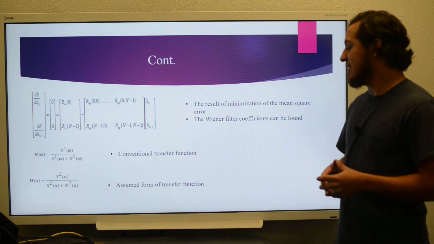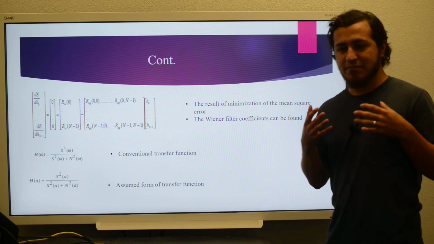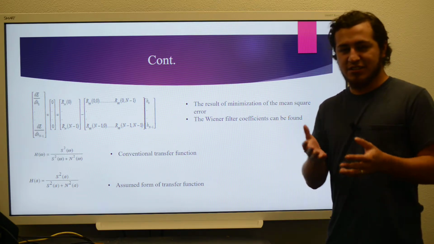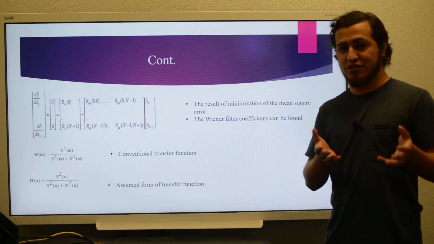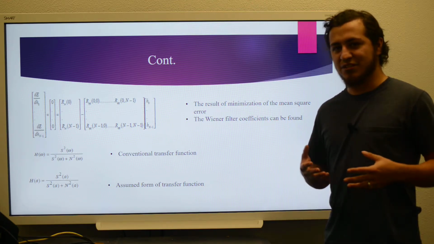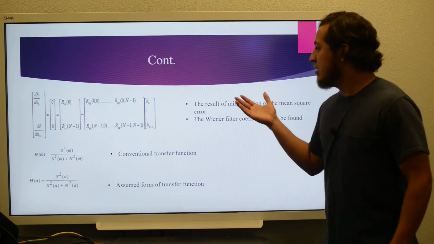When they minimize that, they take the mean square error and differentiate it with respect to the filter coefficients. When you set them equal to 0, you can find an equation, which is this equation right here, that will give you conditions.